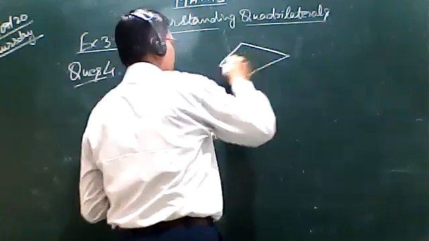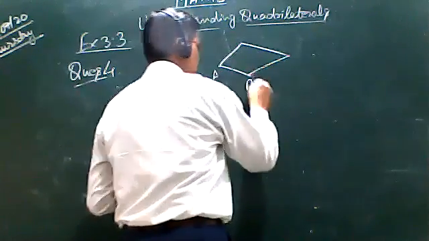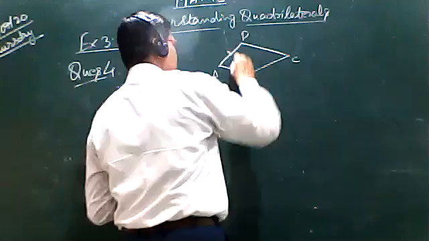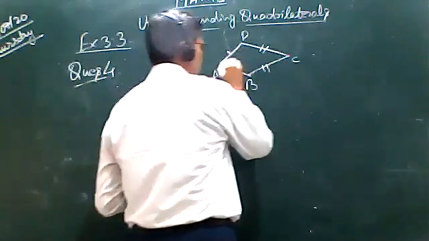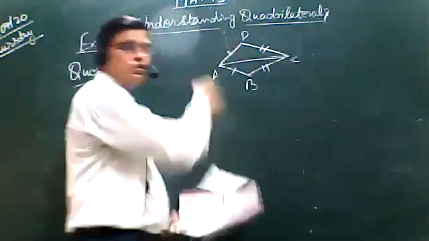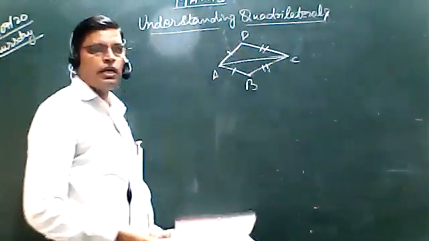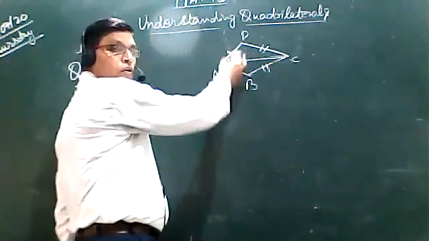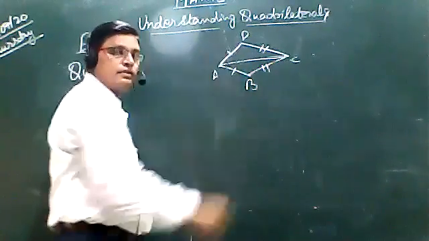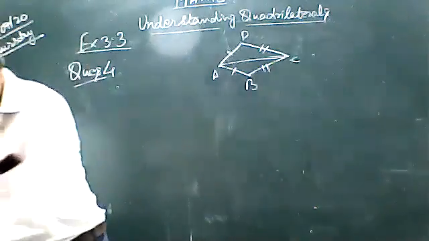In a kite, this side is equal to this side and this side is equal to this side. And in a kite, now we join the diagonal A to C. In these triangles, we prove by the congruency of triangles.